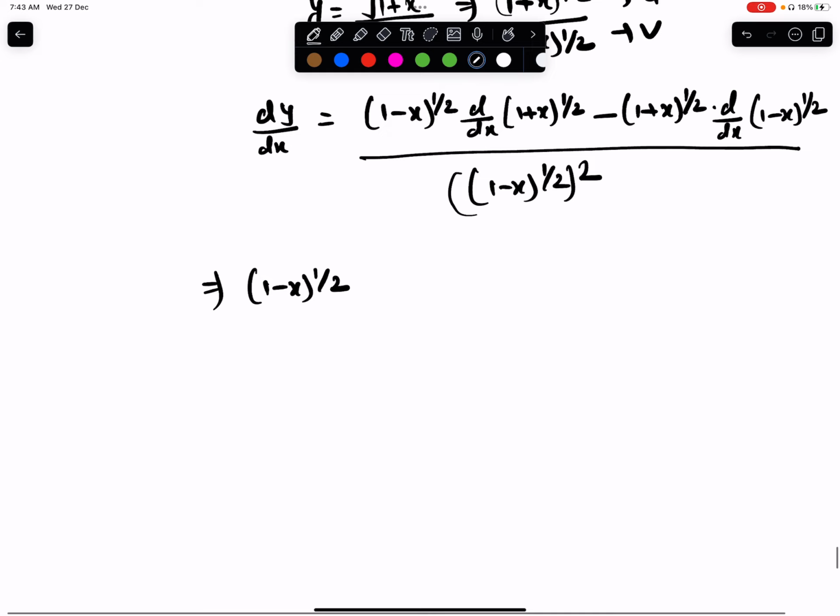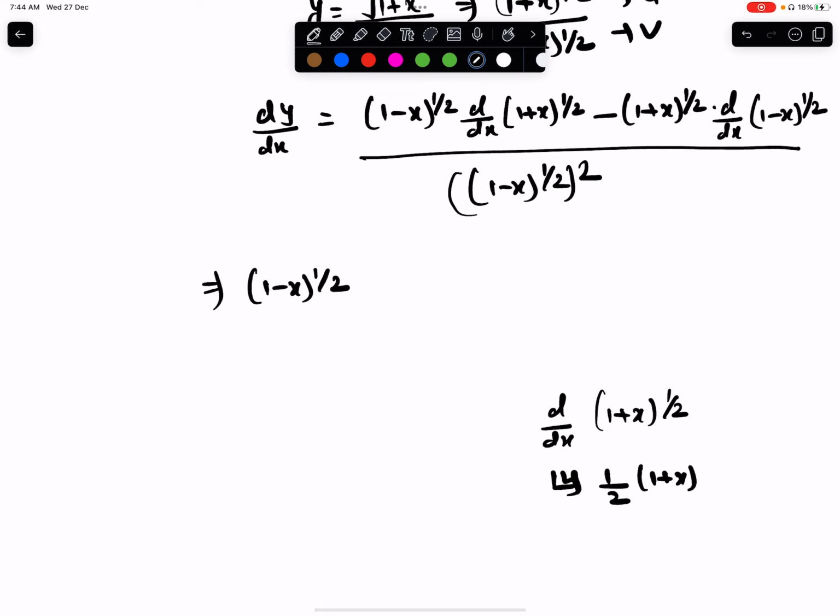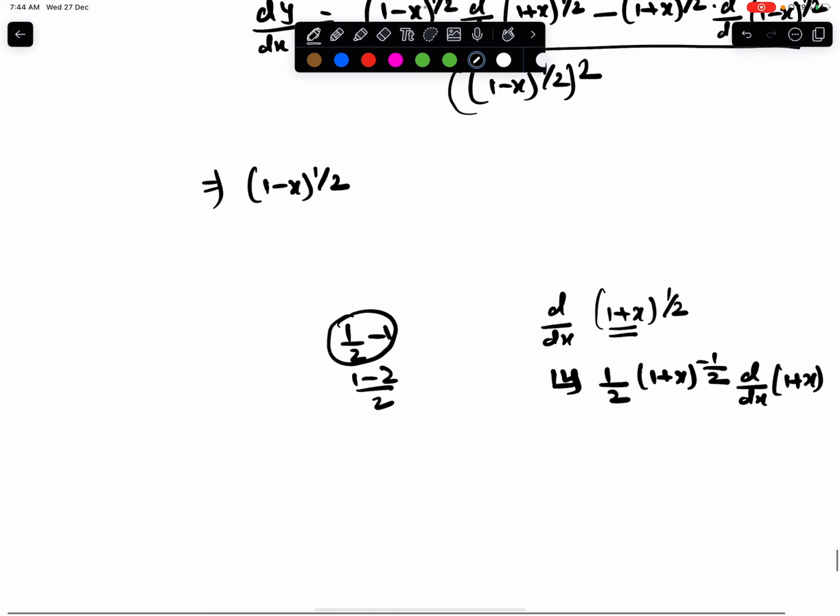How will we differentiate d by dx of (1 + x) raised to the power 1 by 2? It becomes 1 by 2, (1 + x) raised to the power 1 by 2 minus 1, that is minus 1 by 2. We reduce the power by 1, and now we differentiate 1 + x according to the chain rule.